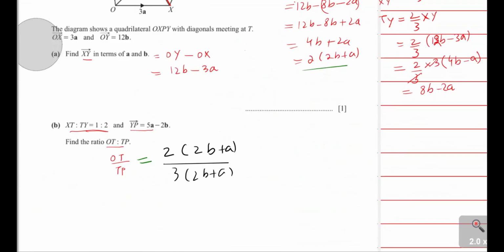Look here, this is the OT value and this is the TP value, and 2b plus a should be cancelled, therefore 2 over 3, and the ratio is 2 ratio 3, and this is the answer.